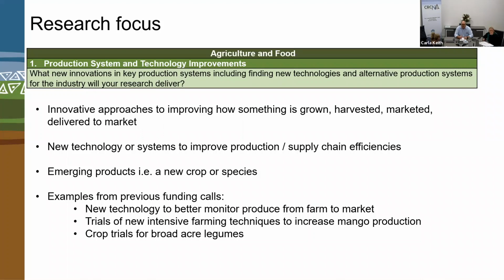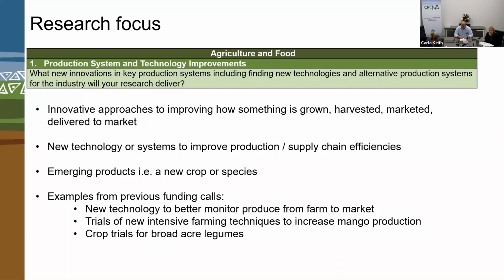So when you're filling out an expression of interest, feel free to call us about how you might best fit your project into meeting that requirement. Some of the projects we've done so far include using technology, including blockchain, to monitor the quality of produce through the supply chain and inform how that product can move better so it can access international supply chains.